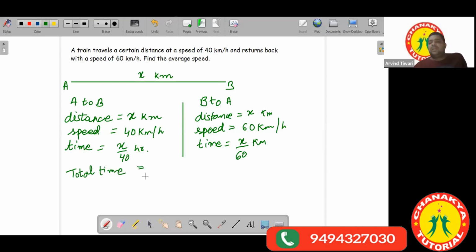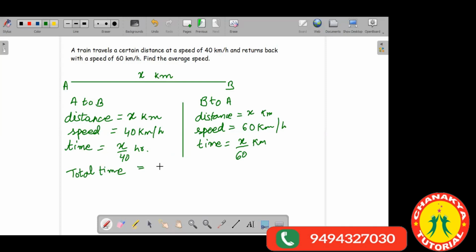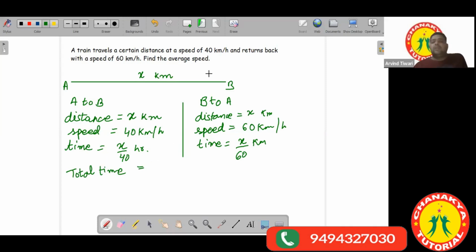We should add both of them. So add both of them to obtain the total time, which will be X by 40 plus X by 60.